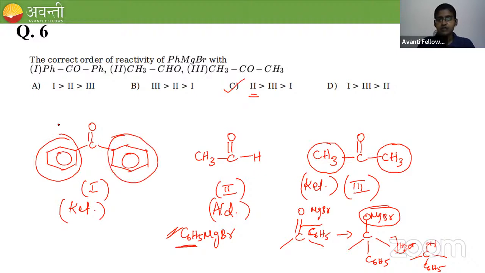C6H5 groups are electron withdrawing groups and the CH3 group is an electron donating group to the system. An electron donating group increases the electron density on the carbonyl carbon. So compound 3 is more reactive, then comes compound 1. So option C is the correct answer for this question.